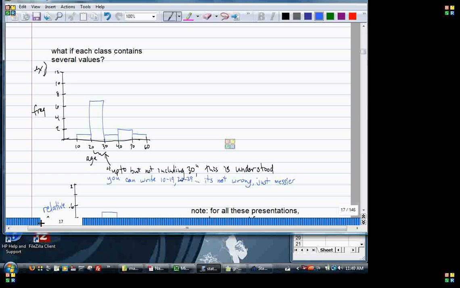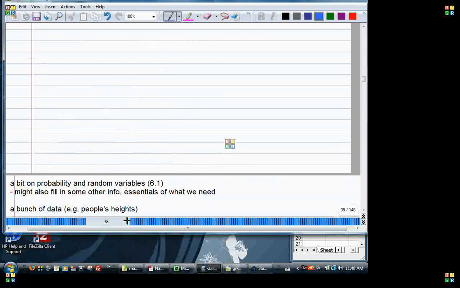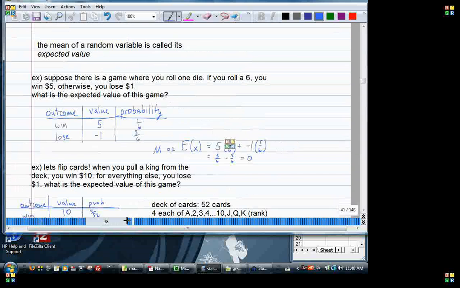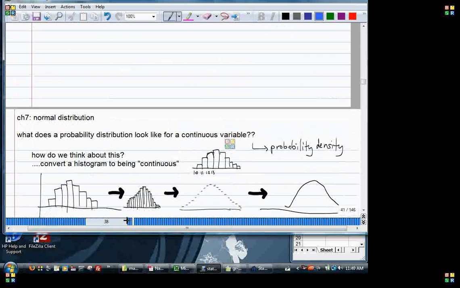So what does this do to the histogram? There we go. Okay. Well, we start out with a histogram that looks like this, with the fat rectangles that we're used to seeing.